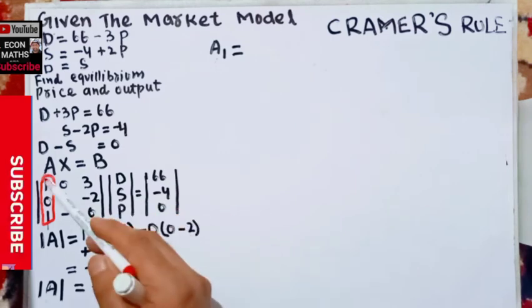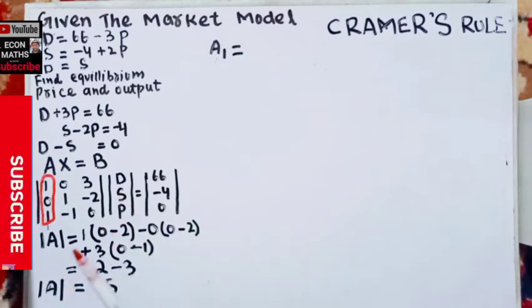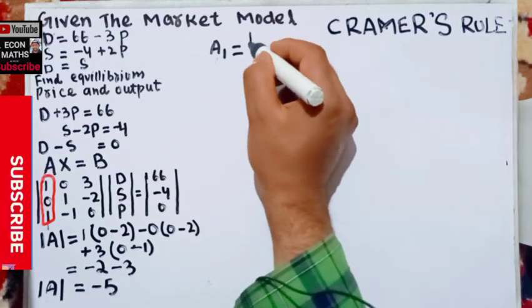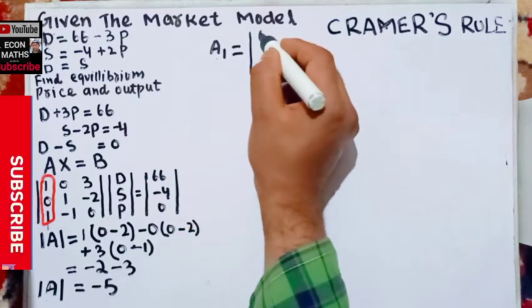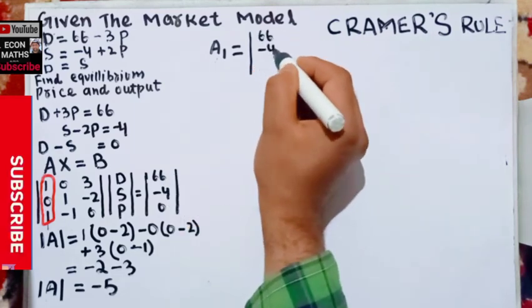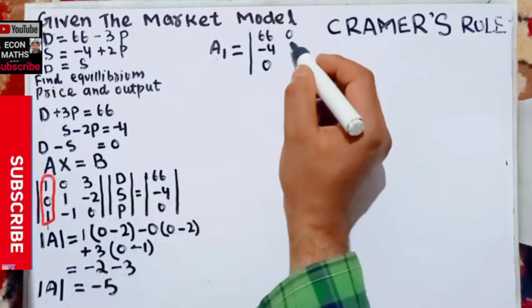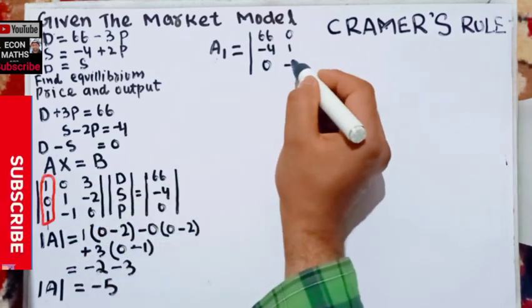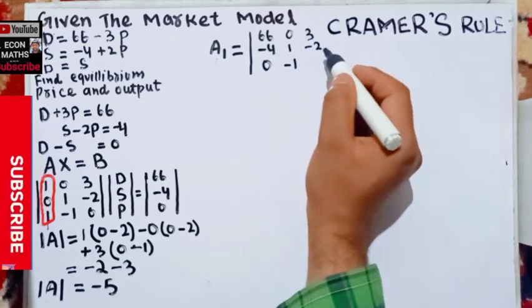So in place of 1 0 1 we write 66, minus 4 and 0. So I will form this. So this will become 66 minus 4 0, and these columns will remain the same, that is 0 1 minus 1 and 3 minus 2 and 0.